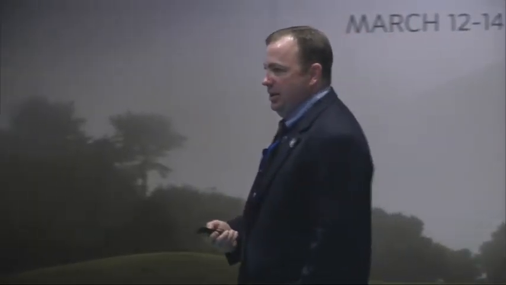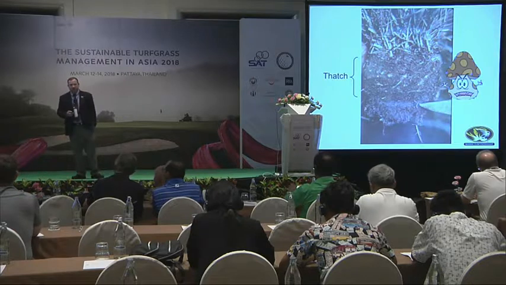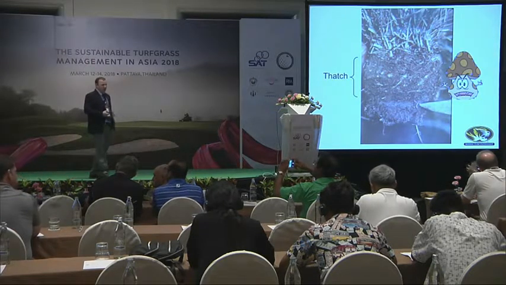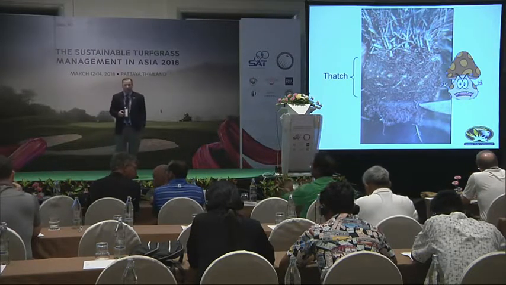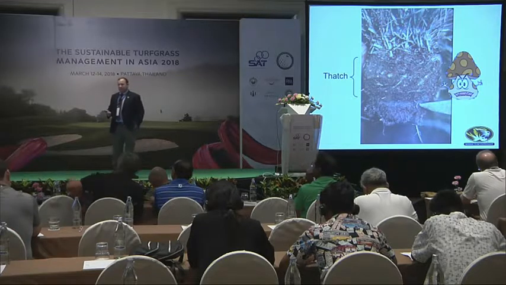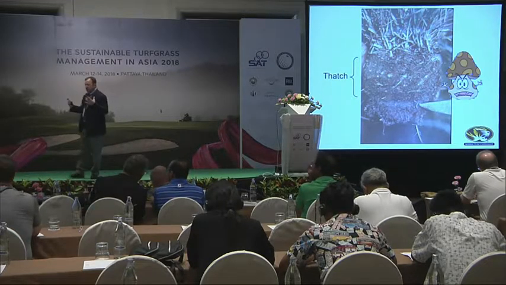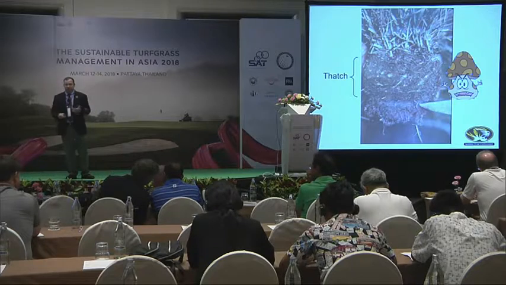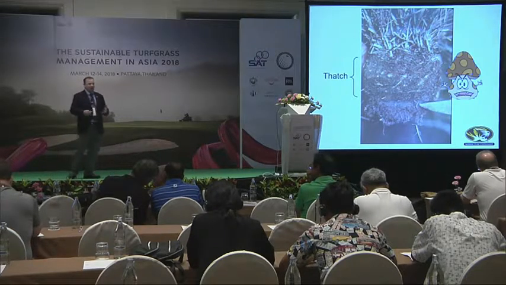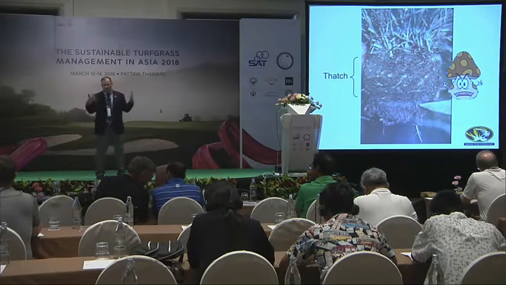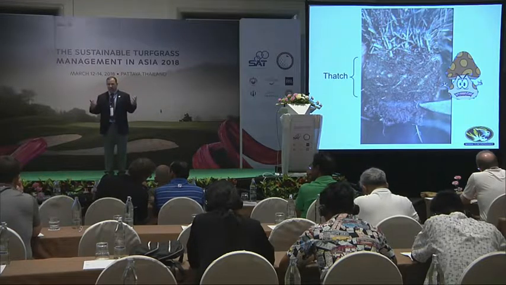So the other aspect in the environment that we need to think about is our thatch layer, particularly when we get to Bermuda grass and some of the species that we're growing here. They have rhizomes, they have stolons, they have a big propensity to produce organic matter and thatch.